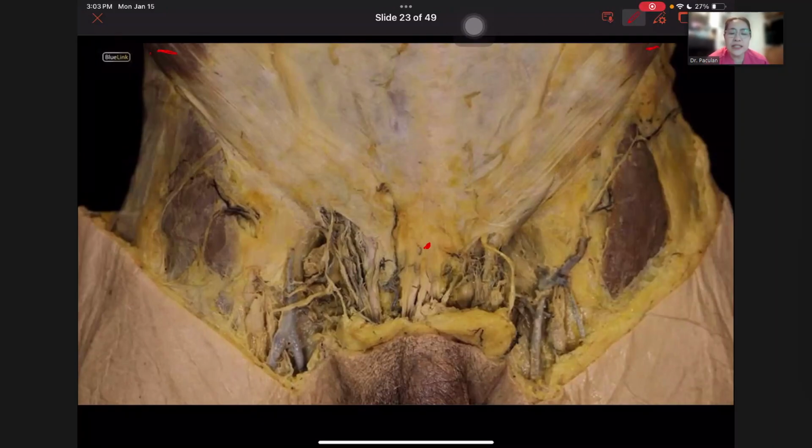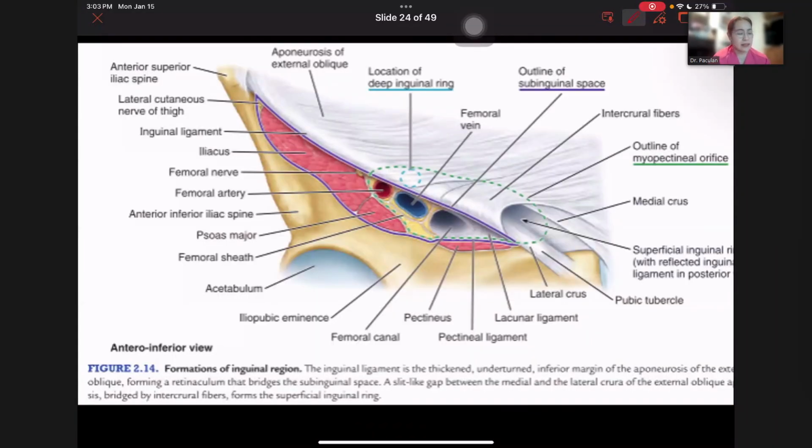Your inguinal ligament and iliopubic tract is a bilaminar extensor. You can see this is your anterior superior iliac spine. These are the natural structures that exit through the inguinal canal.